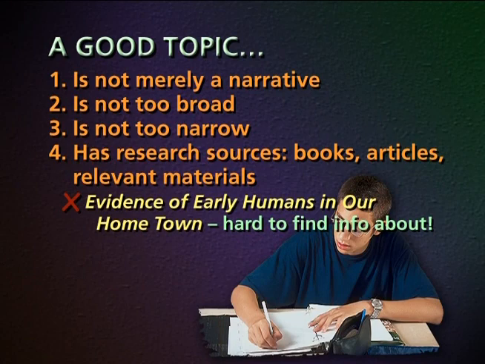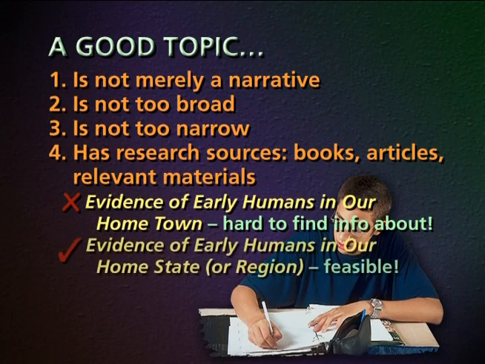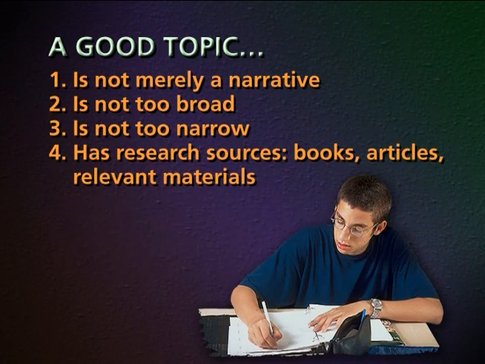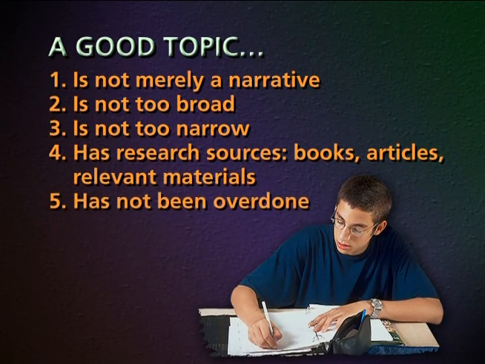So it probably would be very difficult to research that topic. Evidence of early humans in our home state or our region of the country would be a feasible topic because the chances are good that there is some evidence and some research material about that somewhat broader topic. So when choosing a topic, make sure it's one about which research sources are probably available to be studied and written about. Make sure also that your topic has not been overdone.